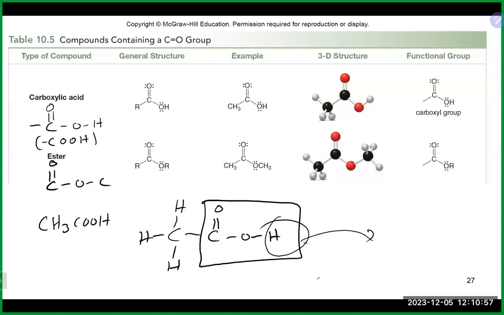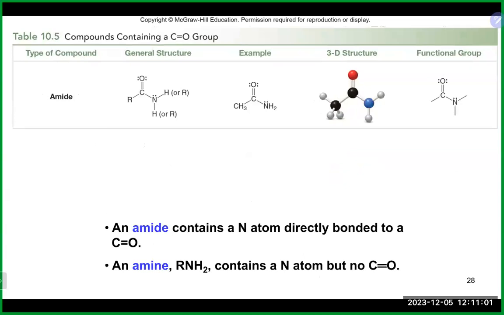A lot of pineapple, for example, is due to esters. So when you get to that lab, you've got to go smell things, perhaps. Don't smell too much. And the amide here is really a carboxylic acid with an amine hanging off of it there. So it basically looks like that. Not surprisingly enough, that's how you make it.